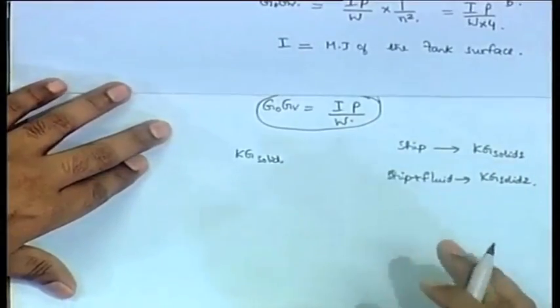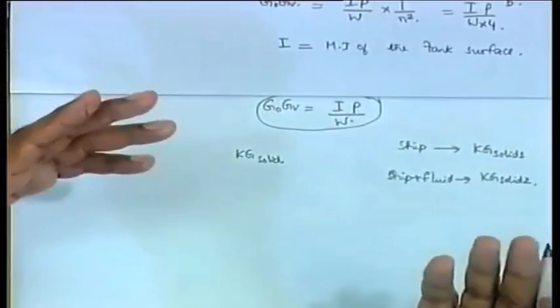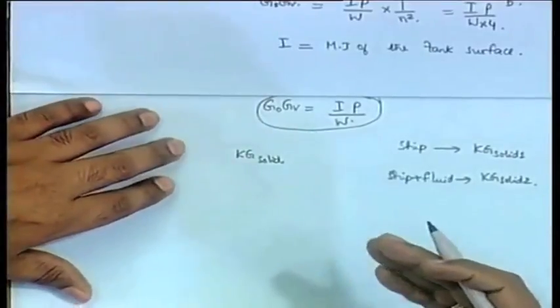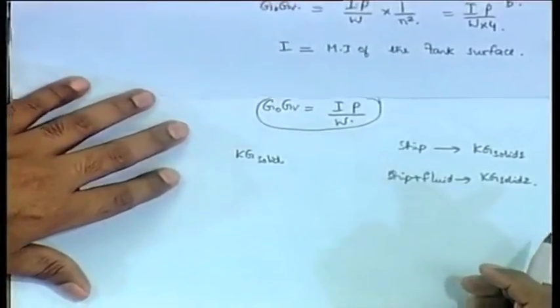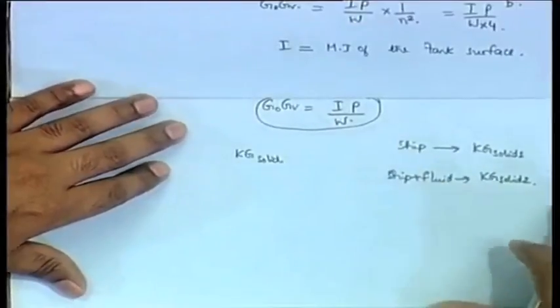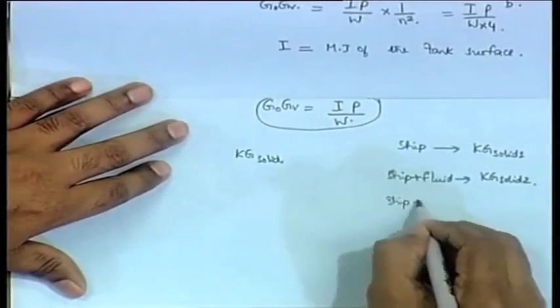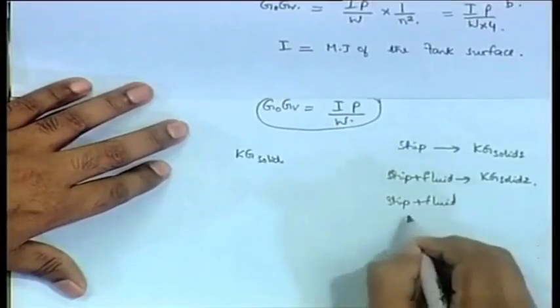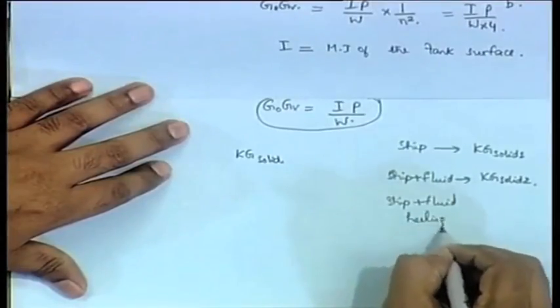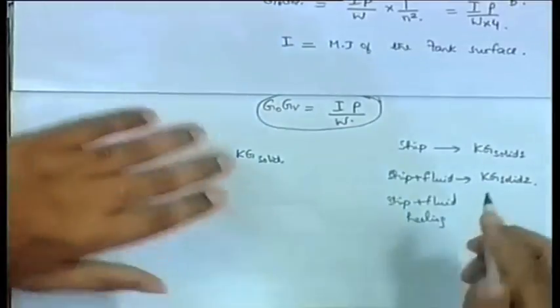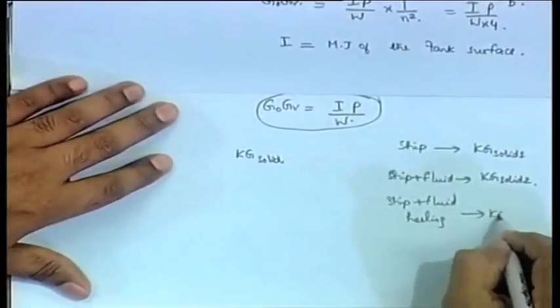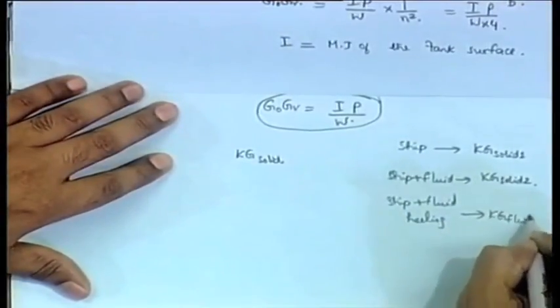Because the new weight has been added, so kg will shift down, towards the keel. Then this is ship plus fluid heeling. Means it's no longer in an upright condition, it has heeled. In that condition, what you get is what you call kg fluid.